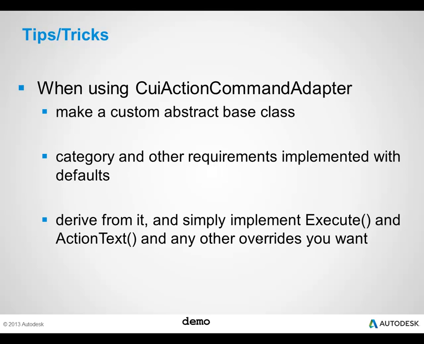So what I suggest is make a custom abstract base class that has the category implemented in one place, and then derive from your abstract class to make each action. Okay? It just makes it convenient, gives you a little bit tighter code base, and that also guarantees your categories will always be the same. So you won't have different categories because you typed in a different name or you made a typo or something.